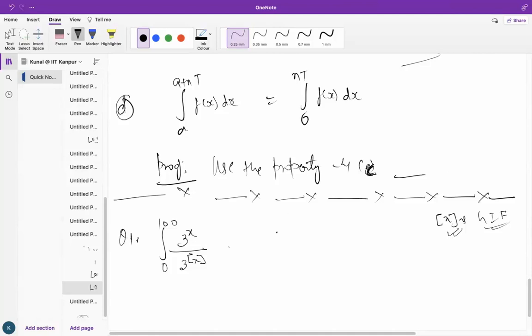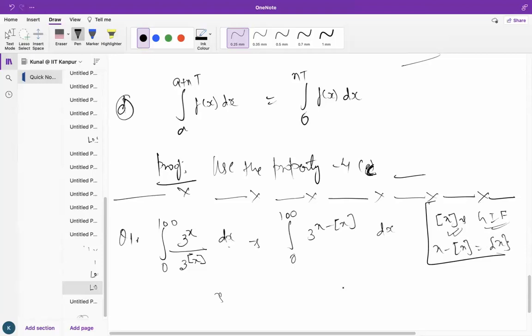Okay, so we know that by using a simple exponential property we can write x minus box of x in the exponent, dx, right? And we know that x minus box of x is nothing but the fractional part of x. So the integral from 0 to 100 of 3 to the power fractional part of x.